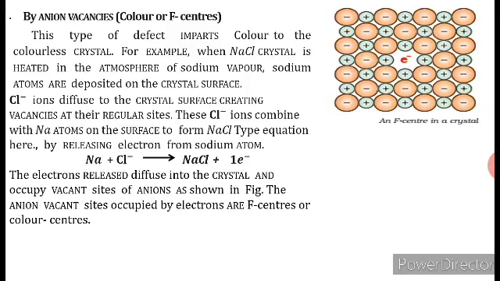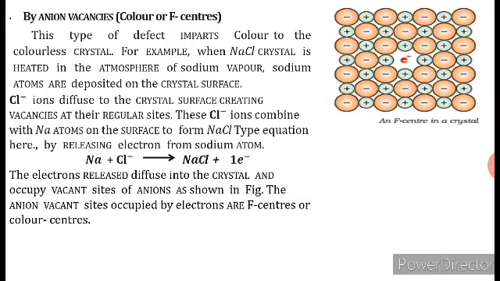If you see, pure sodium chloride is colorless, but if impurity is present due to anion vacancy, then it becomes yellow in color. This F center imparts yellow color to the sodium chloride crystal.